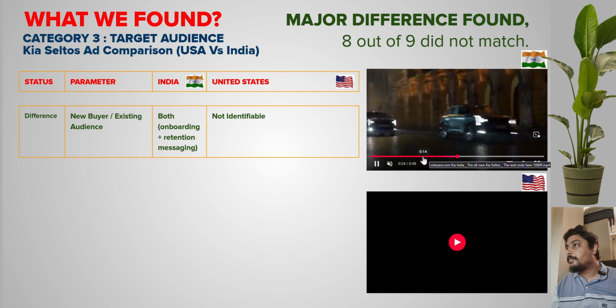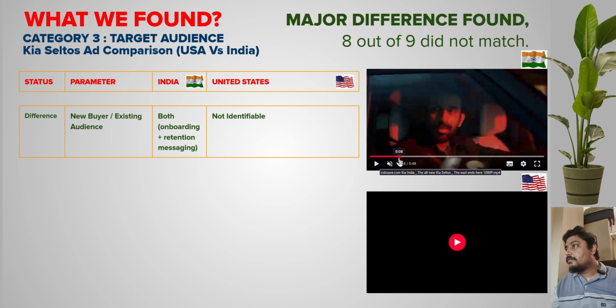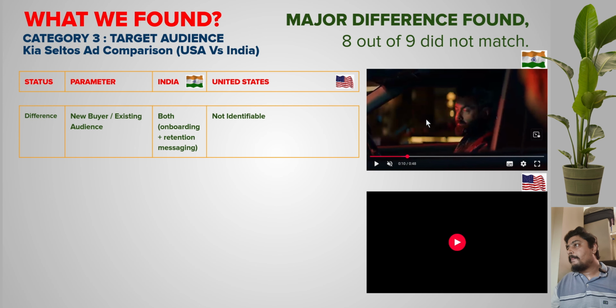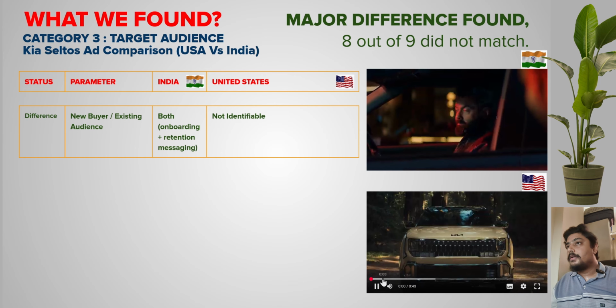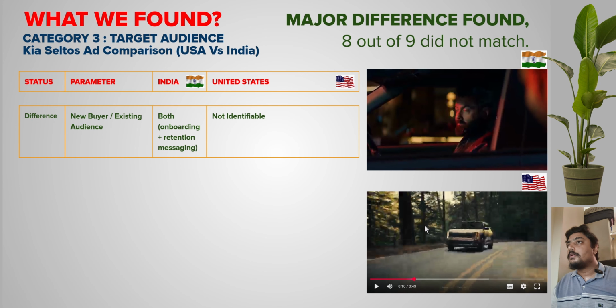Both of them have the same car, and one character is nodding towards the main character, and that shows the kind of unspoken communication between them, which shows that the ad is targeting both the old and the new buyers. But in the American scenario, you cannot identify whether they are targeting the old or the new audience.